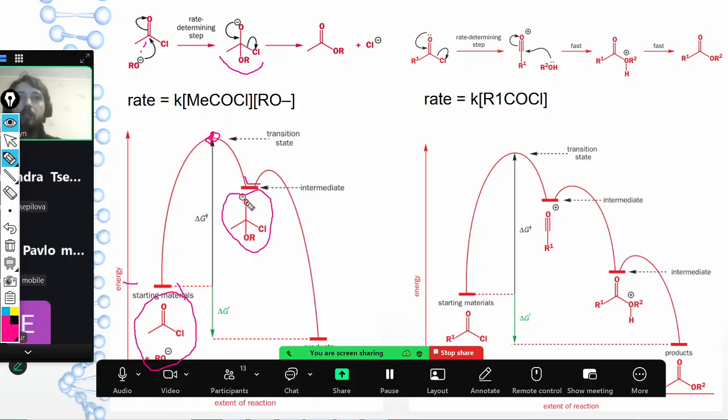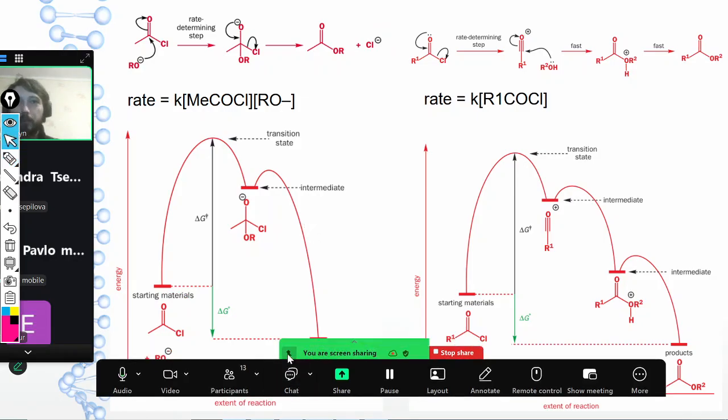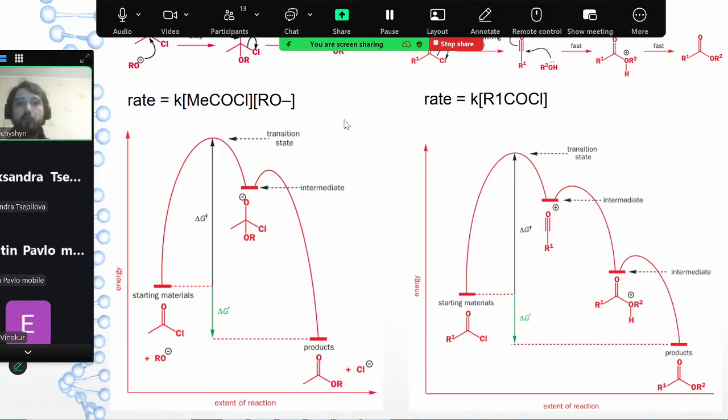Then we have this intermediate. Then from this intermediate we may go to the final products. And of course there is one more state that we should overcome.